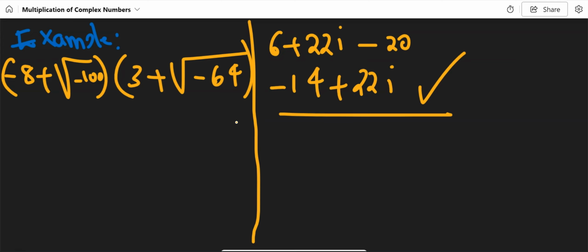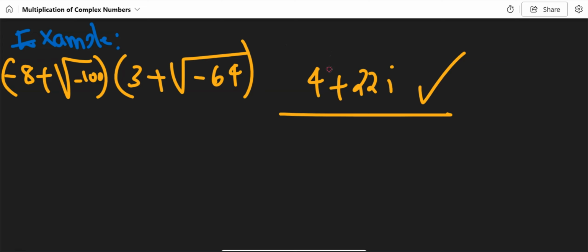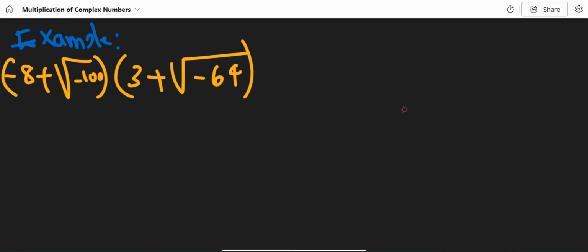So you've been told to solve this question and you're not sure what to do. The first thing you need to think of is this. The first principle is that, remember, the square root of negative 1 is i.